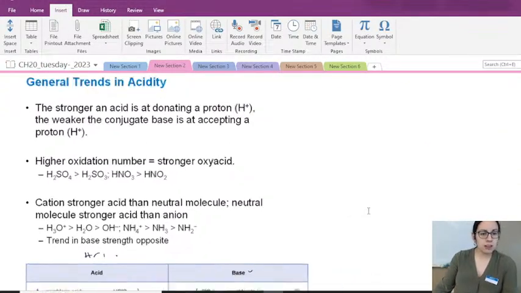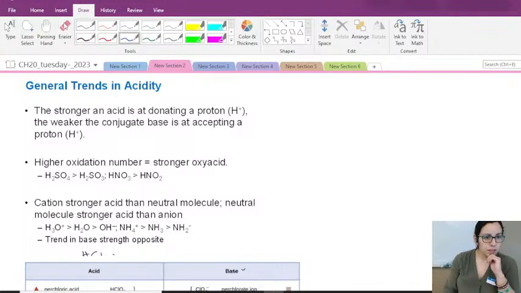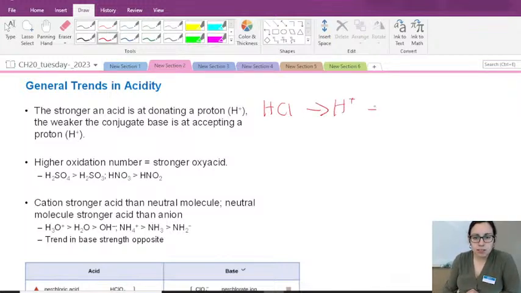And so now this is just general trends in acidity. And so the stronger an acid is at donating a proton, then the weaker the conjugate base is at accepting a proton. Well, let's break down what it's truly saying, because it's going back to our equilibrium, but it's important. So let's say we have HCl. And again, we said it disassociated fully.